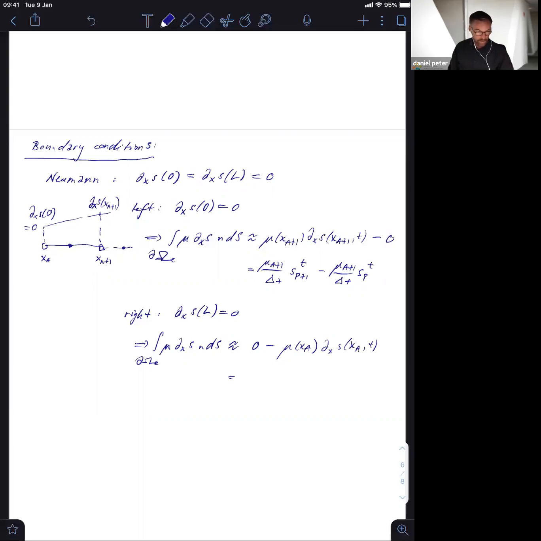And then write this again with these terms with UA. Centroid position P plus UA delta minus at centroid position P minus 1.